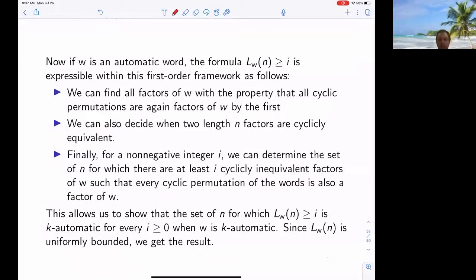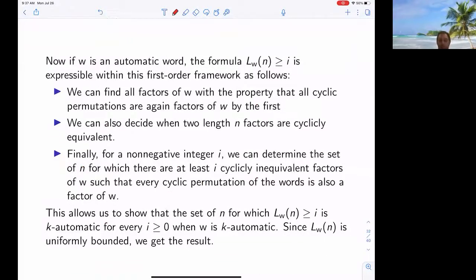Now, like I said, we need to know the fact that LW of n is uniformly bounded for this to work. But notice that the expression LW of n is at least i is expressible in the first order language. First of all, saying that you have factors with the property that all cyclic permutations are again factors is expressible within the first order language.